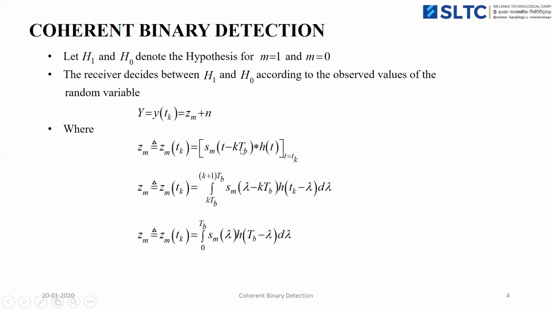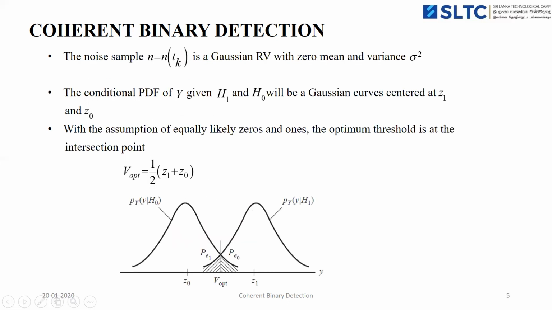Zm is the convolution of the signal and the channel coefficient h of t. Since it is in continuous form, we integrate to get the sampled output Zm. The small n is the noise sample, a Gaussian random variable with mean 0 and variance sigma squared.